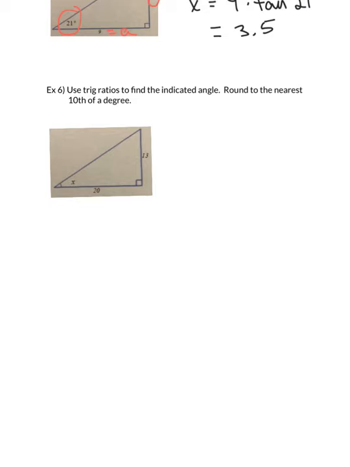Our angle x has the information for us of the opposite over the adjacent. So the ratio that we want to set up is tangent. We don't know the angle, so what we're going to do is say the tangent of x equals opposite 13 over the adjacent, which is 20.